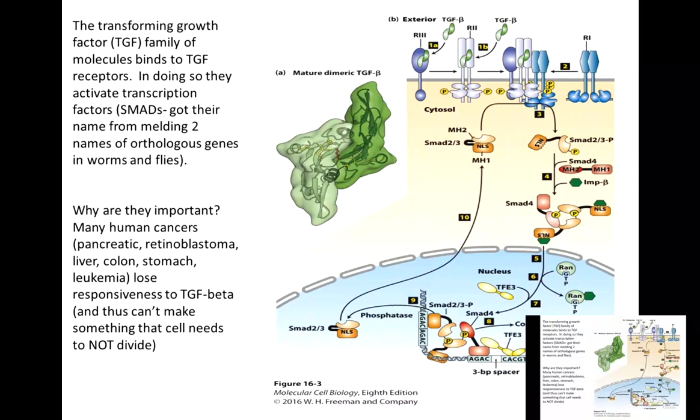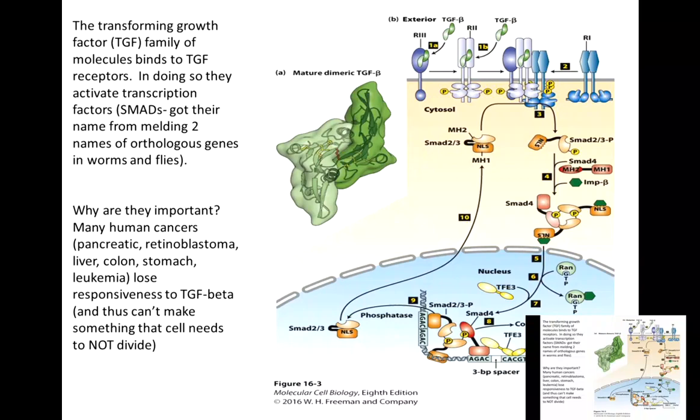Okay, so this one is called the transforming growth factor family of molecules that are involved in the TGF-beta pathway. TGF-beta was named for a pathway that was being studied in cancer cells, and it was called the transforming growth factor because it turned these cells from non-cancerous into cancerous, and not only that, into metastatic cancer cells.